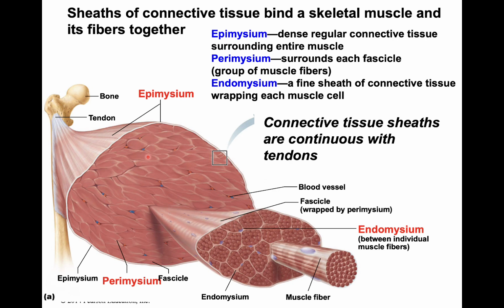And if you can tell, the entire muscle is made out of these smaller units. And these smaller units are called muscle fascicles. It's labeled here. These fascicles are surrounded by their own type of connective tissue, and that's called the perimysium. So epimysium, perimysium, and that perimysium surrounds a single muscle fascicle.